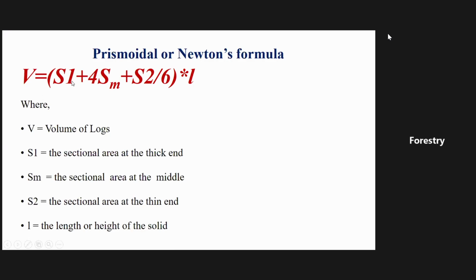The formula is V = (S1 + 4Sm + S2)/6 × L. Here V represents volume of the log, and S1 is the cross-sectional area at the thick end.